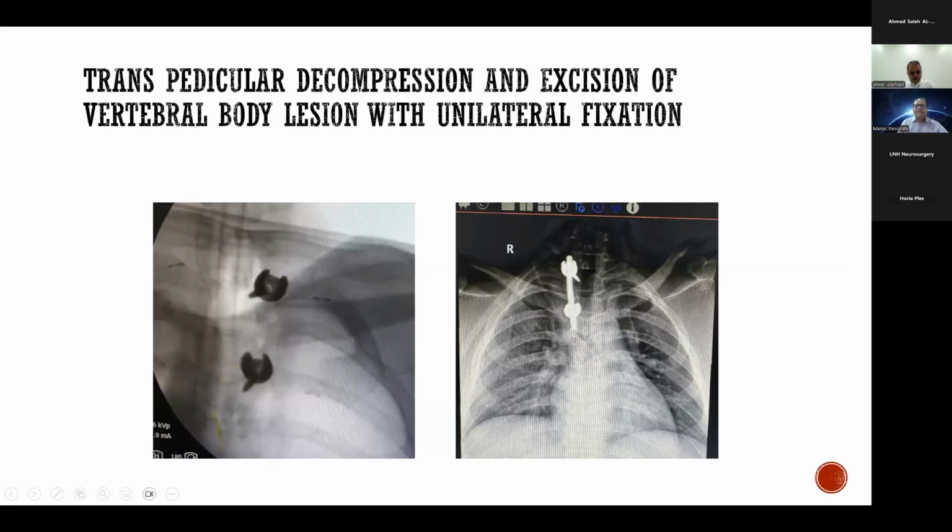So we did a transpedicular decompression and excision of the lesion, and did a unilateral fixation and drilled the bone till we got a normal cortex and filled the space with normal bone taken from the lamina.